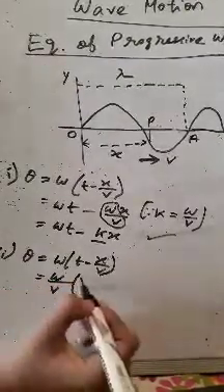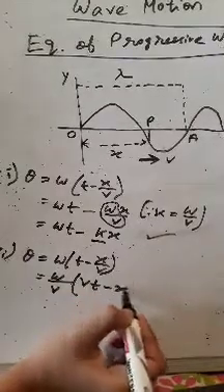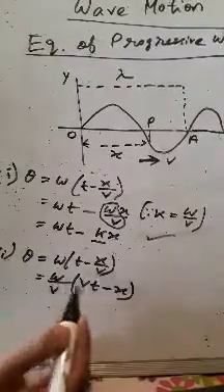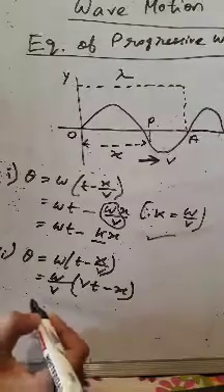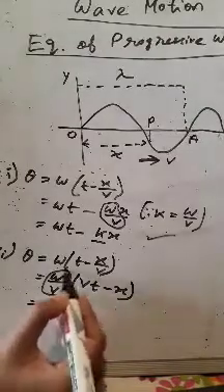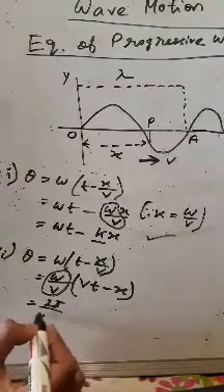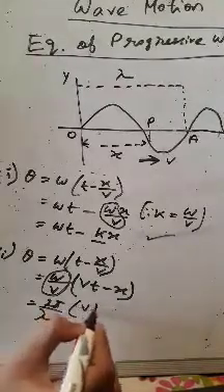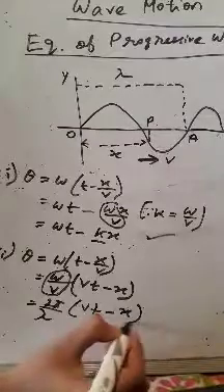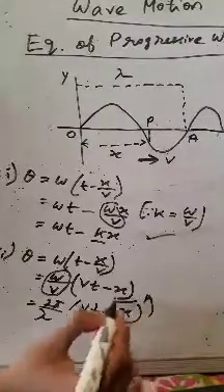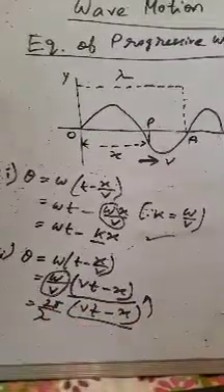Within bracket it will be vt minus x, since there was no v, we are taking it like this. For this term we can express omega by v as 2 pi by lambda, and within bracket the same thing as in the previous step.